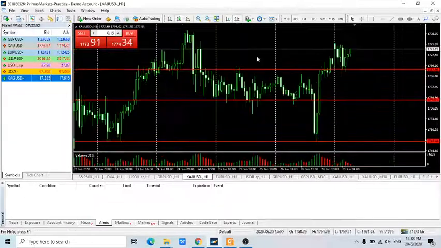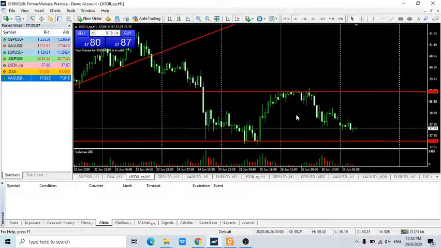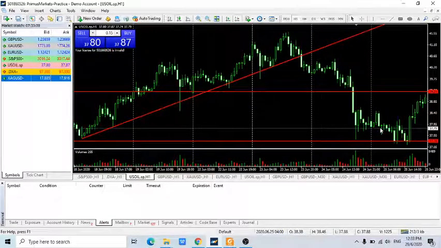So here we go. Let's have a look at oil prices. Oil prices, as of last Thursday, found some support and moved back up.